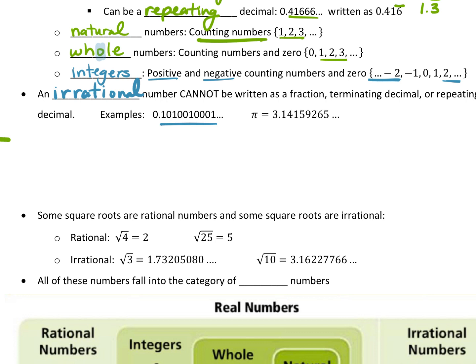But it's not the same thing over and over. It's not a repeating decimal. Or the number pi. Okay, 3.14159265 is as far as I go. Does anyone have pi memorized to a certain number? I feel like there's always one kid in the class that has pi to like 27 numbers. No? Those are irrational numbers, okay?